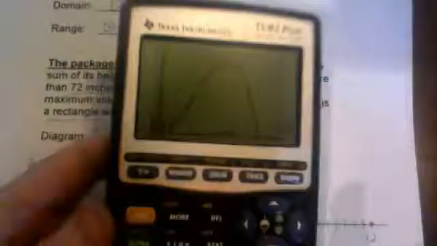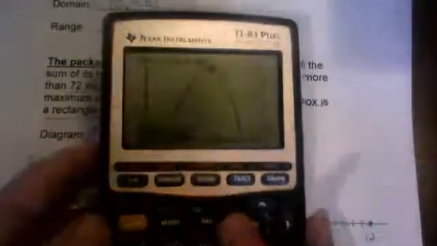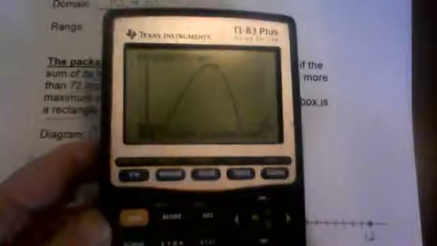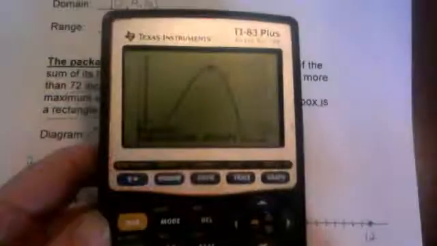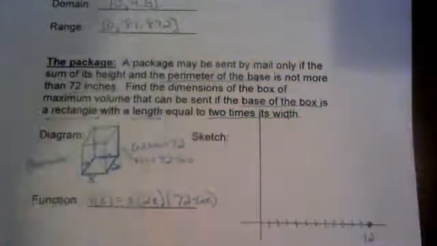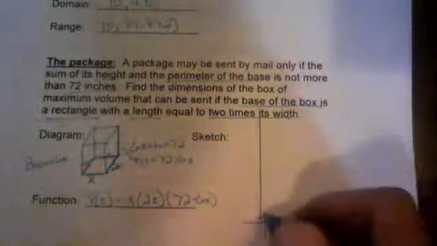And we need our maximum. So second, calculate, maximum. Left, right, enter. So 8 and 3,072. And I did by 250 going up, so it looks like 3, 4, 5, 6, 7, 8, 9, 10, 11, about 12.